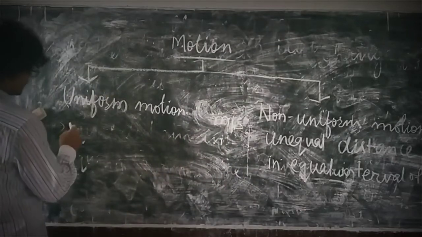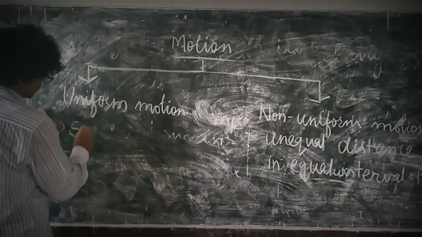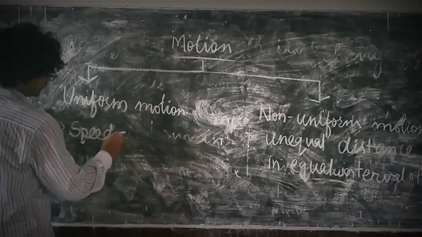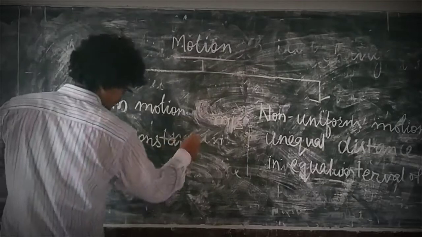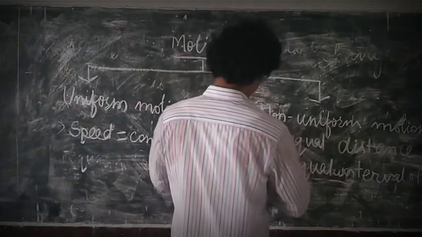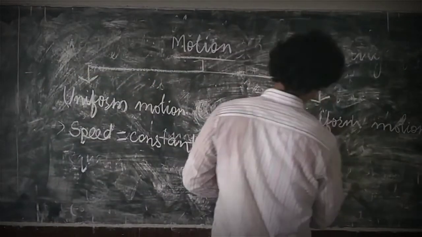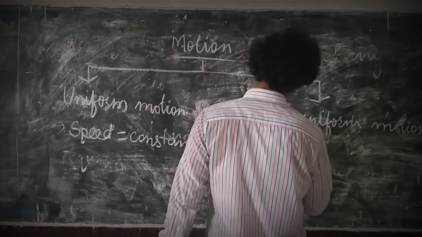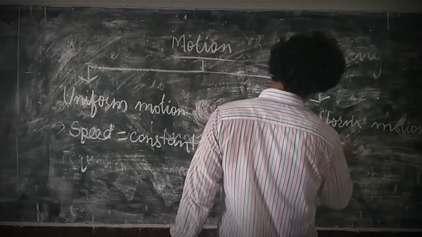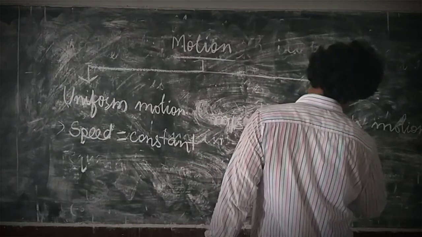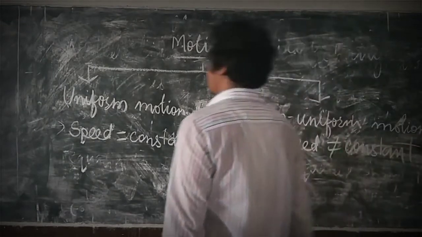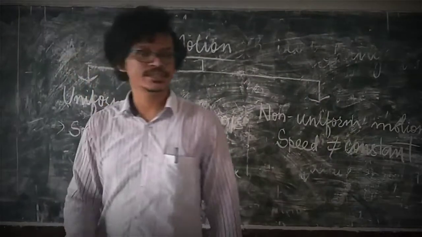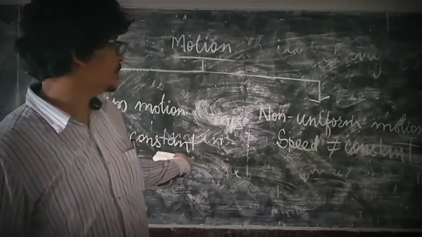Here you can say that speed is constant, and here speed is not constant. So this is the difference between uniform and non-uniform motion.